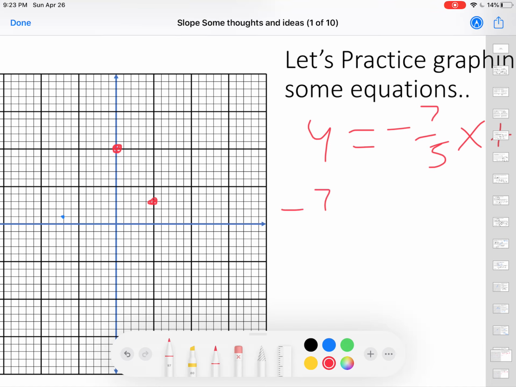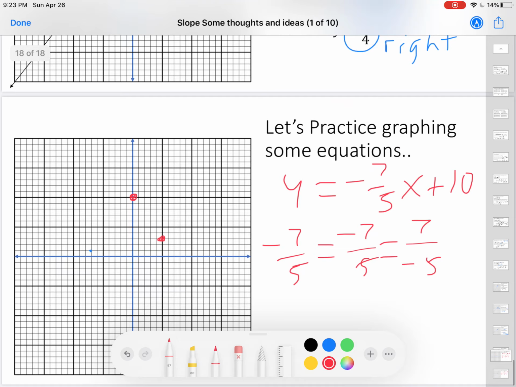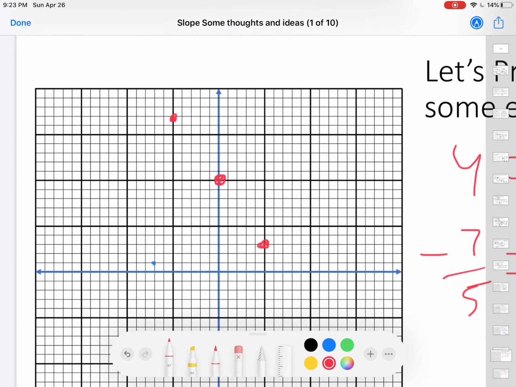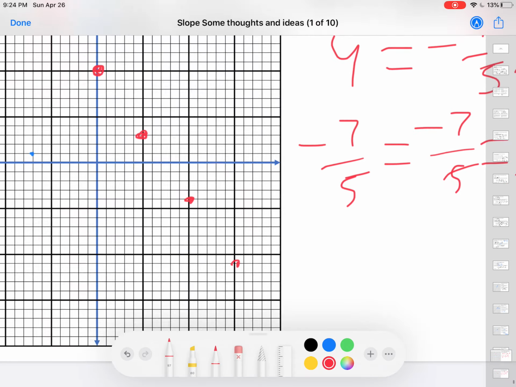We can also go in the other direction because remember negative 7/5 is equal to negative 7 over 5, but it's also equal to 7 over negative 5. So we'll do that. 5 to the left and 7 up. Still negative 7/5. Continuing. 5 to the right, 7 down. 5 to the right, 7 down.